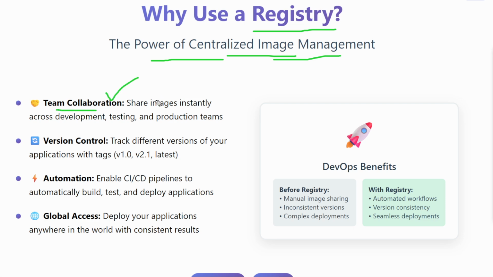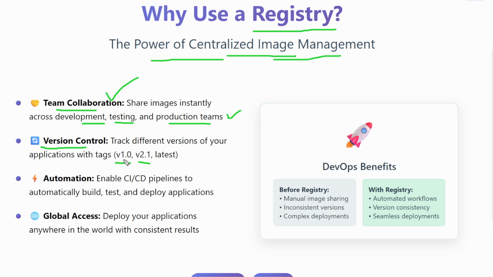We can share the images instantly across the development, testing and production teams, and consistency and collaboration will be maintained. There will be a version control system also. We can track the different versions of your application with a tag, like semantic versioning.